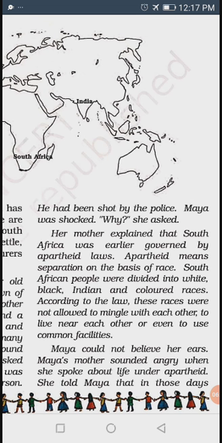So according to this apartheid law, these races were not allowed to mingle with each other, to live near each other, or even to use common facilities. See, what is apartheid law? According to this apartheid law, the South African people related to different races cannot mingle together, cannot live together, or cannot use common facilities.